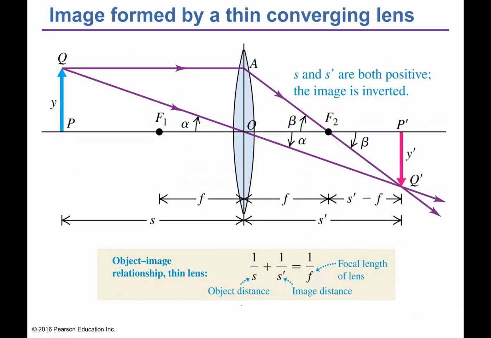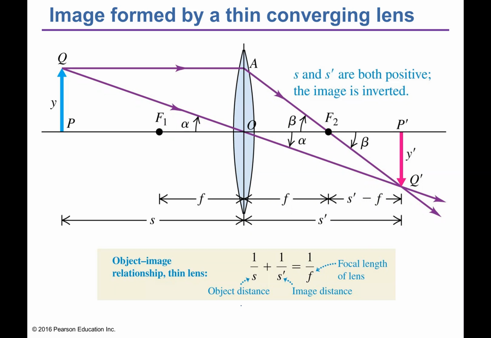How about if you're not doing a point object, but let's say you have an object of finite size? Then we get pretty much all those different cases that we dealt with for the concave mirror. Depending on the position of the object, you can have a real image that is smaller, a real image that is the same size, a real image that is bigger, or no image at all, or eventually a virtual image.